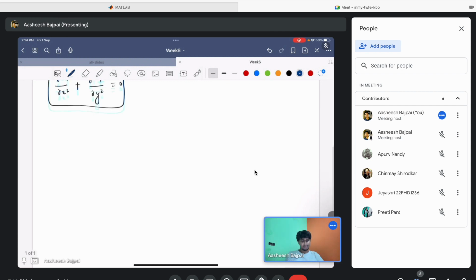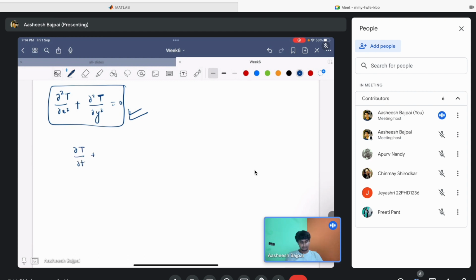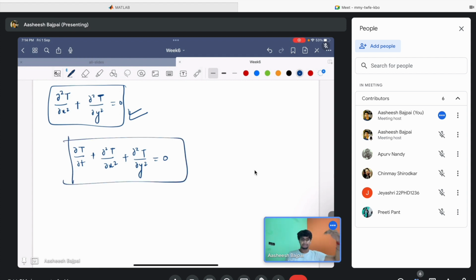So last time I took this problem, but this time what I will do is add time in that and make the problem unsteady. So the problem is now this. In this, the domain is also moving in time.